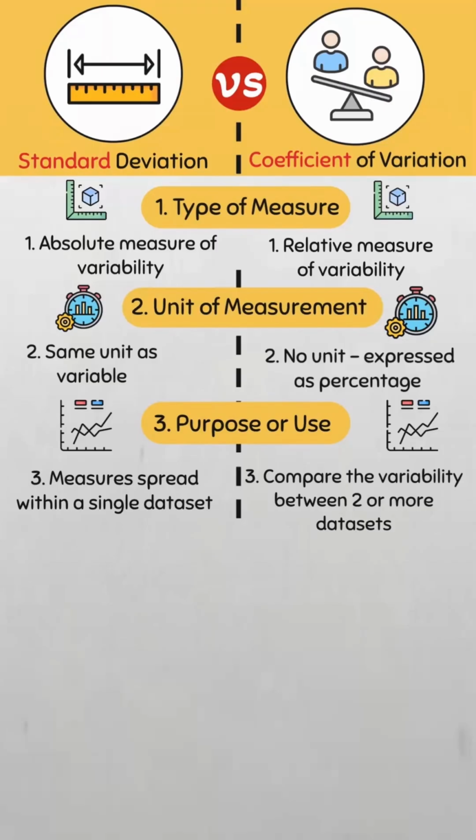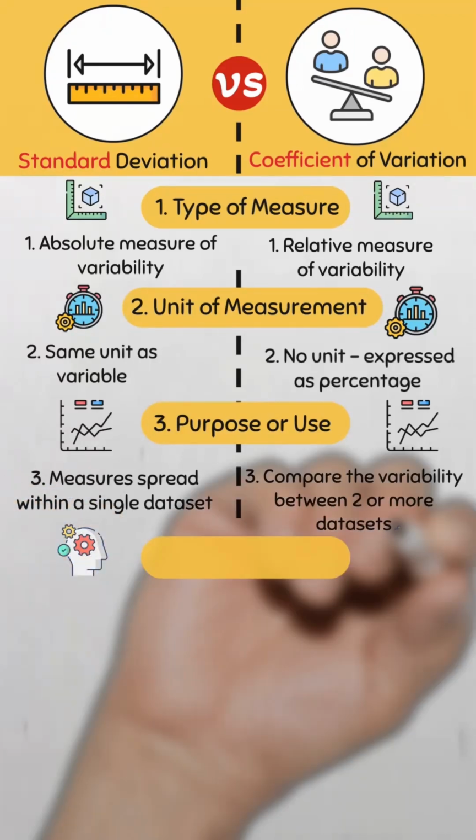For example, supposing you want to compare the consistency of vaccination rates in two different cities. City A has a higher average vaccination rate than City B. Standard deviation tells you how much each city's rates vary, but CV lets you compare which city's rates are more consistent, regardless of their average.